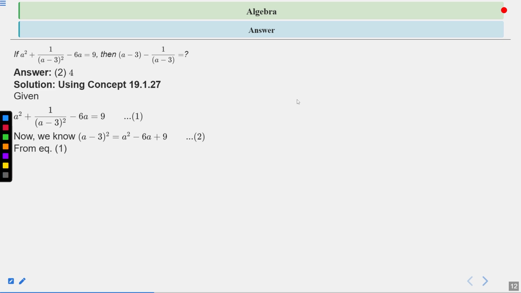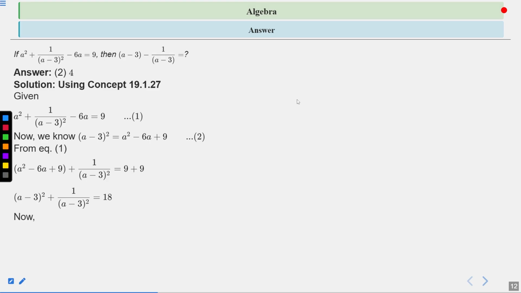So from equation 1, we can put the value. (a minus 3) square will become a square minus 6a plus 9, plus 1 upon (a minus 3) square, which equals 9 plus 9. Because we add it, we get (a minus 3) whole square plus 1 upon (a minus 3) whole square, which becomes 18.